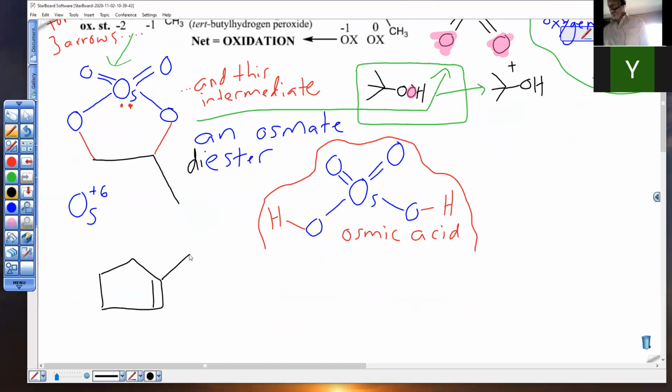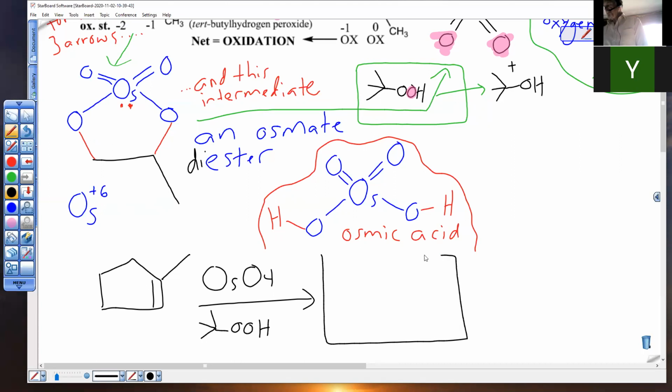Our favorite alkene. So if I give you OsO4 and tert-butyl OOH and asked you for a product, your answer needs to have a vicinal diol. I'll give you a partial credit answer.